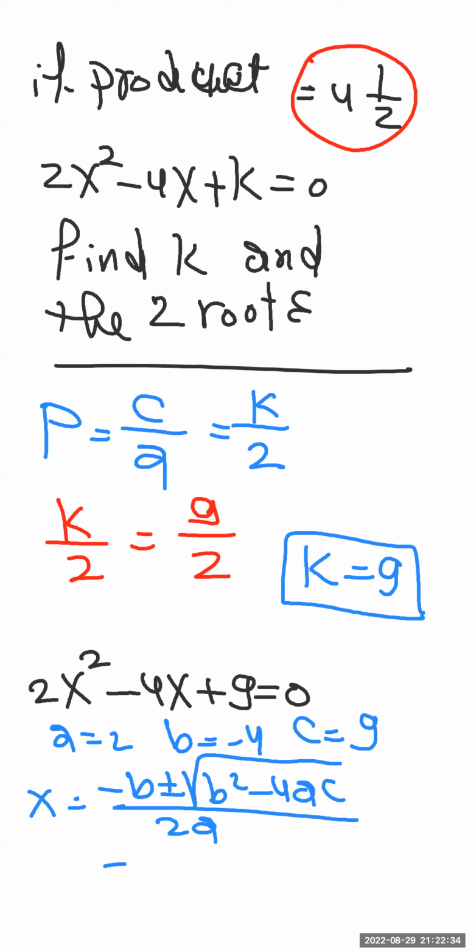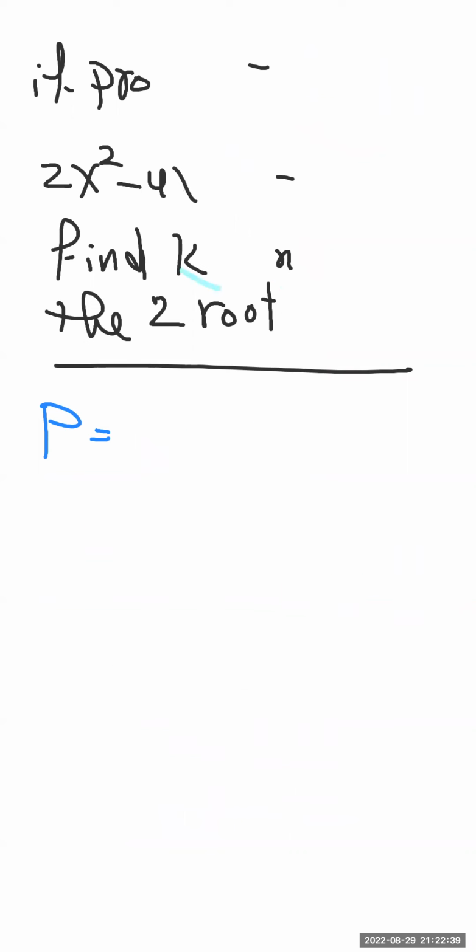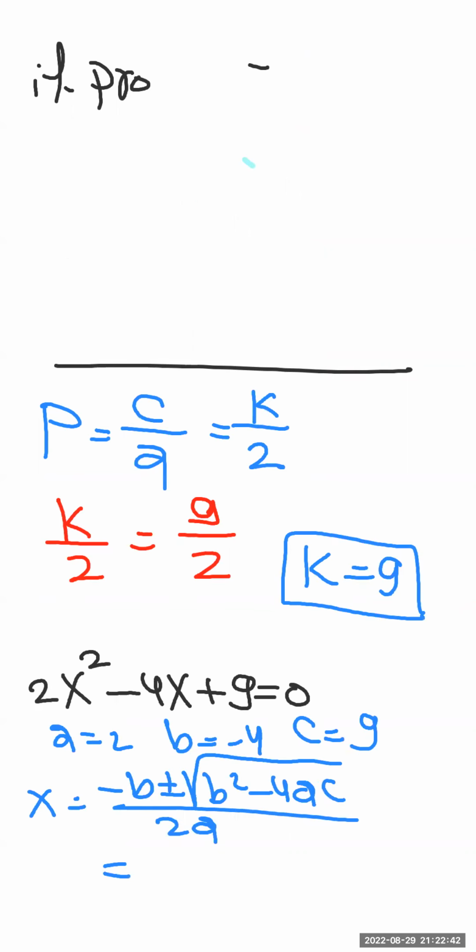I'm going to solve it here on the top of the page, no need for the question. It will equal negative b, meaning negative negative 4, which is 4, plus or minus square root of b squared, meaning 16, minus 4ac. 4 times 2 equals 8, 8 times 9 equals 72, correct?